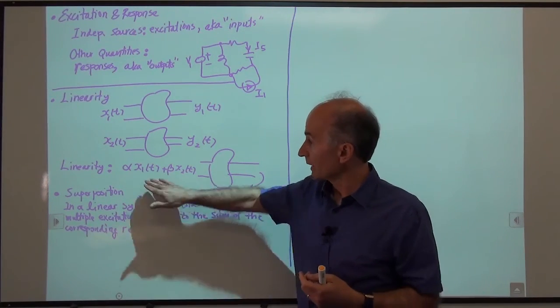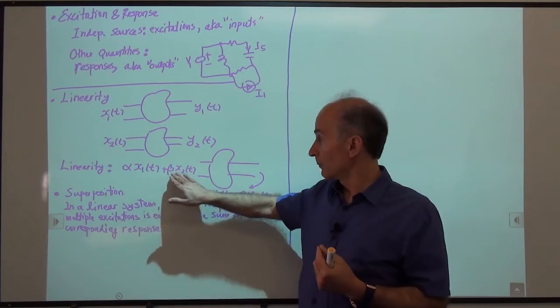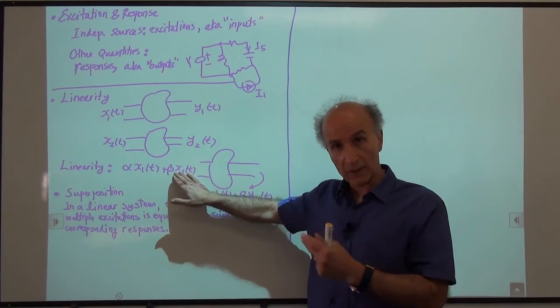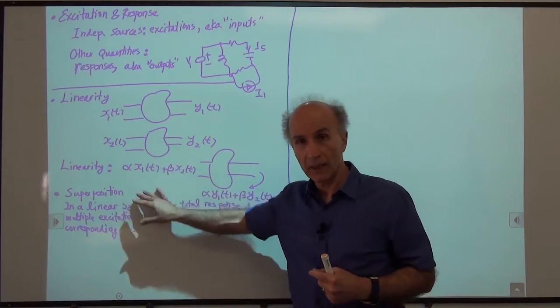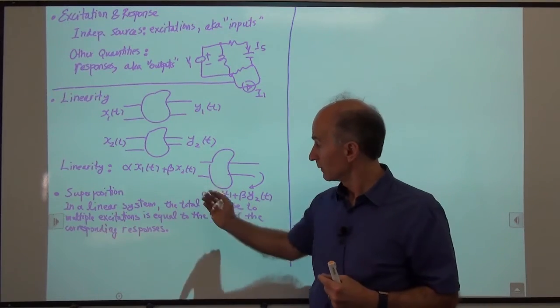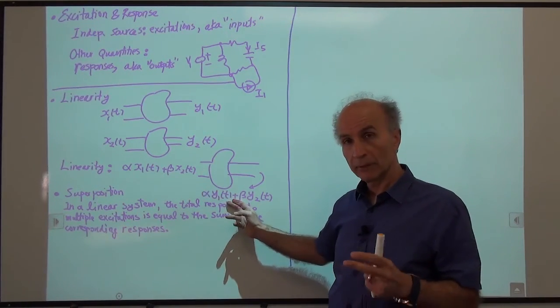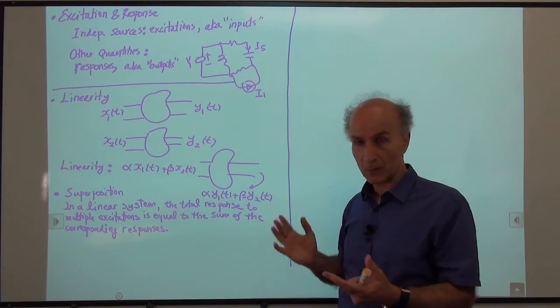So if one excitation is alpha x1 of t, my voice, another excitation is beta x2 of t, music, then the response of the system to the whole thing is equal to the response to my voice, meaning this one, plus the response to the music, this one. All right, that's what it means.